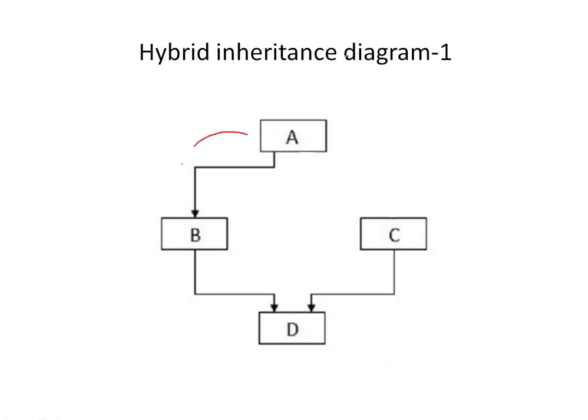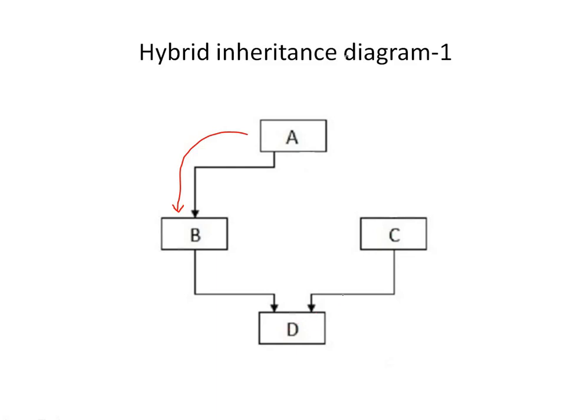Now, if you consider the path among B, C and D, here D is a bottommost derived class which inherits the properties of the class B and the class C.